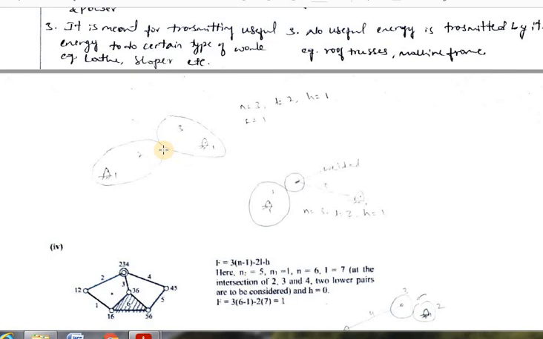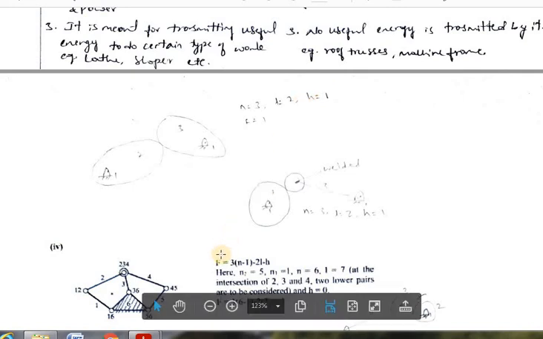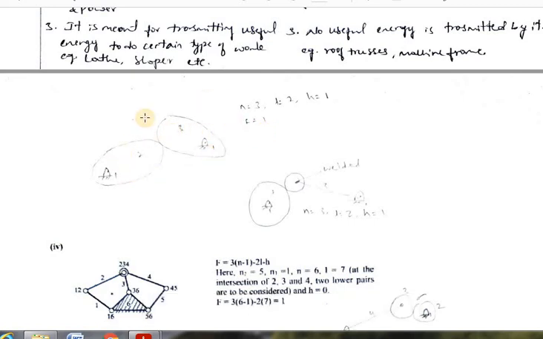As we know, for a higher pair, if there is a point contact or line contact, we consider it as a higher pair. Therefore h is equal to 1. Substituting in the formula, f is equal to 3 into n minus 1 minus 2l minus h, we calculate the number of degrees of freedom f is equal to 1 for this particular example.